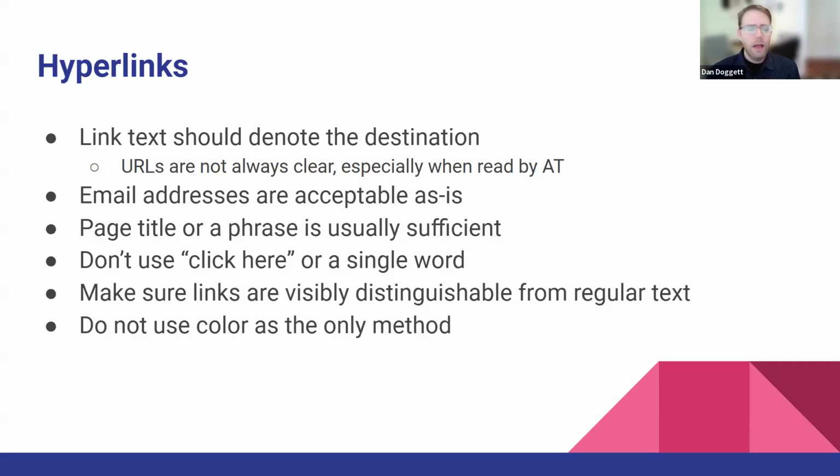So for instance, for the Maryland TAP program, I might change that link text to say Maryland TAP website. That way the screen readers aren't reading the full URL, they're just reading the text that I am putting in there. Email addresses are acceptable as is.